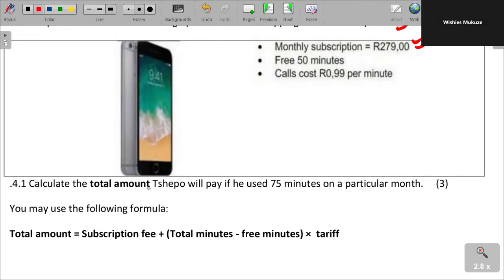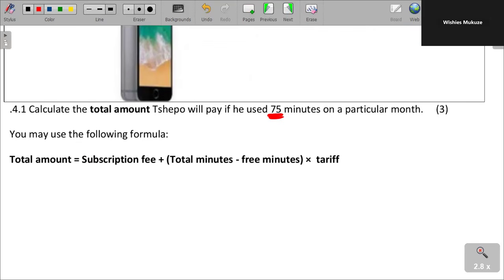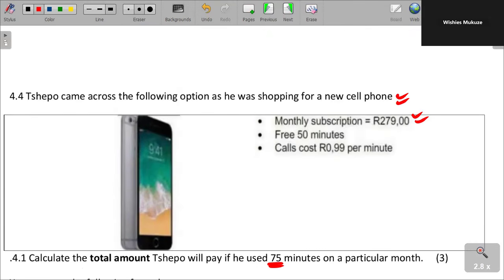Calculate the total cost Tepo will pay if he used 75 minutes in a particular month.